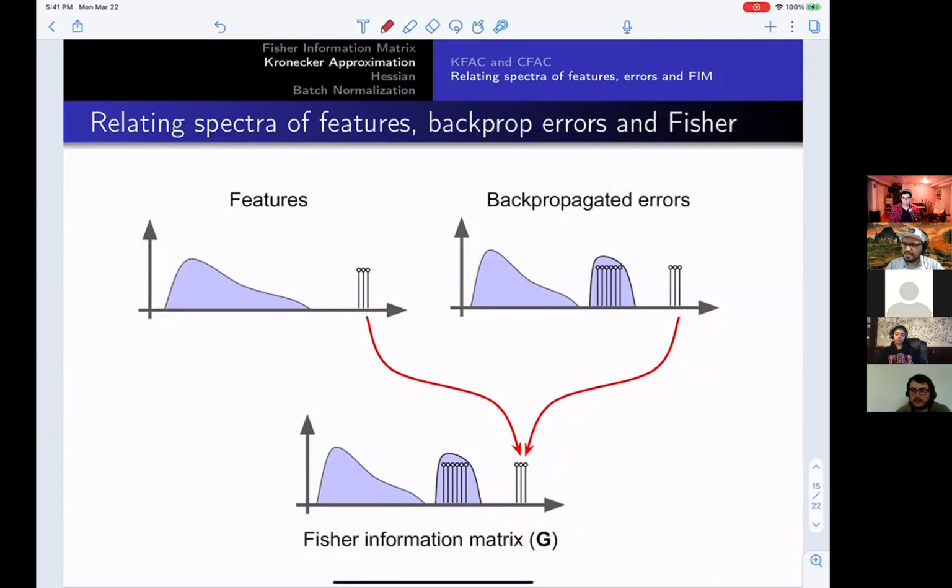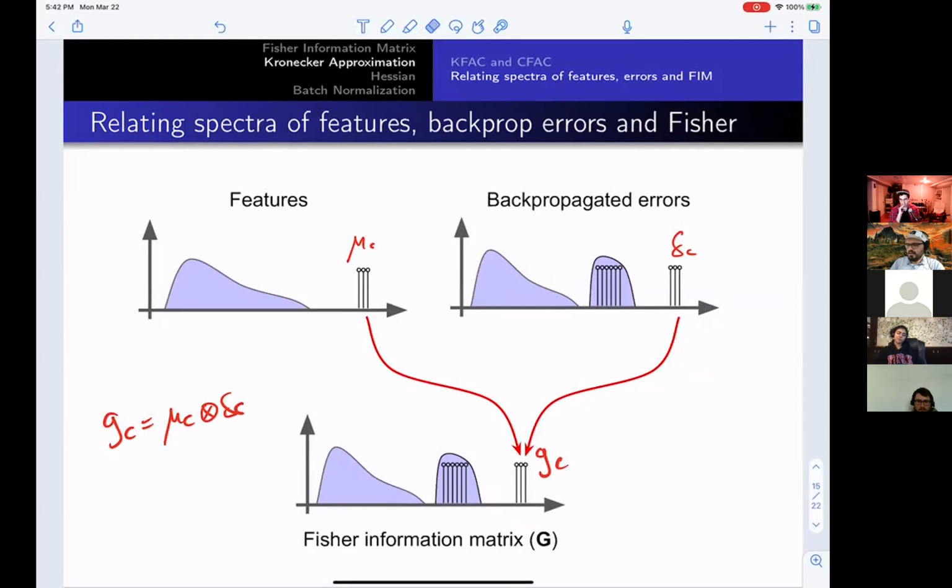So if we denote this mean by mu c, and we denote this mean by delta c, and we denote this mean by g c, right? Then the simple equation is g c is equal to mu c Kronecker delta c. So all the class means are in fact related to each other.